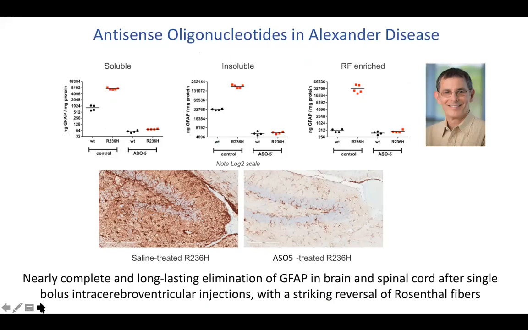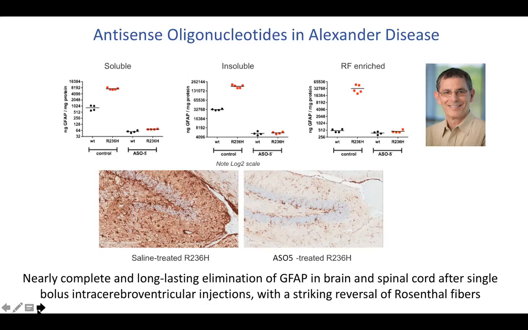Alvin Messing showed very nicely that he could use these antisense oligonucleotides to deliver to mice affected by Alexander's disease, and there not just reduce the toxic GFAP mutant protein, but also prevent the pathology that was arising in these mice, the so-called Rosenthal fibers.